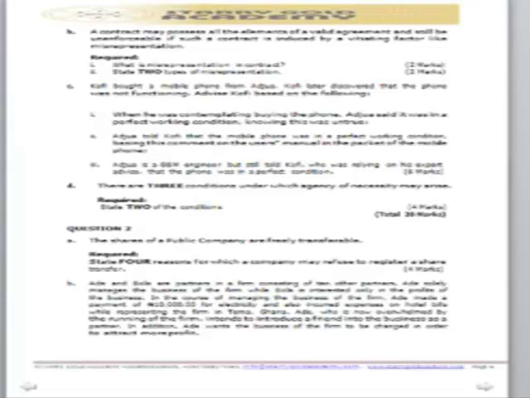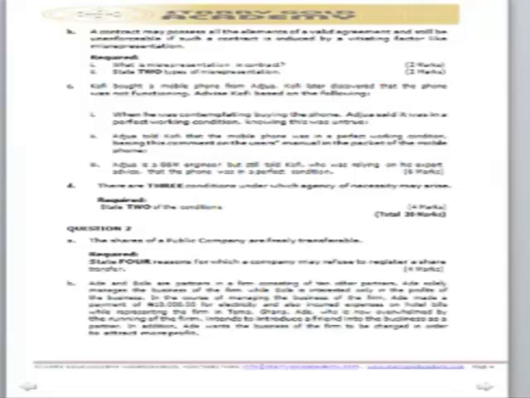And also it says, state 2 types of misrepresentation. So "what is misrepresentation" is a question, so you have to define what it means, not an elaborate explanation, but you go straight forward to what it means by misrepresentation. And then it says state 2 types of misrepresentation.